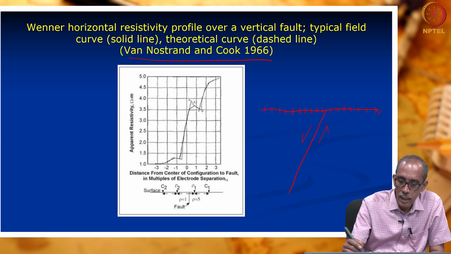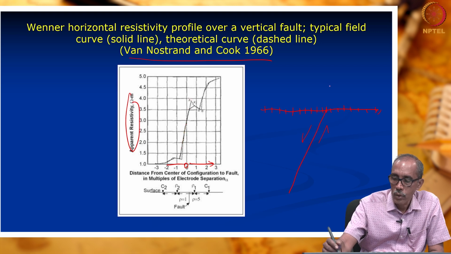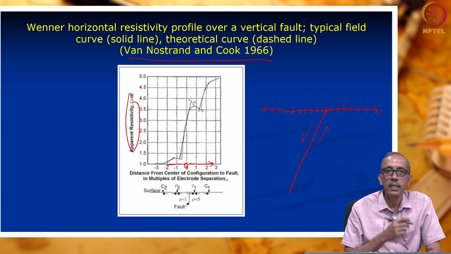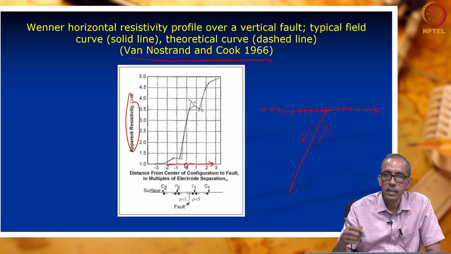What we see here is, from the fault line, on either side they have plotted the apparent resistivity value versus distance. You can see just over the center point, you have a sharp rise in the resistivity value from the left side to the right side.